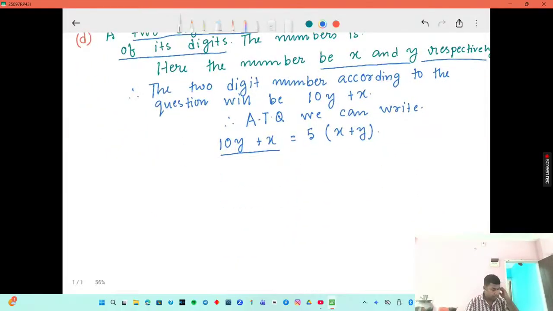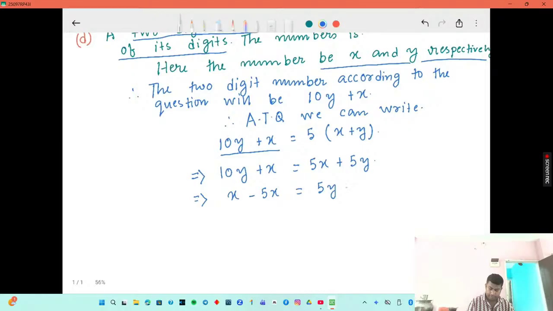So now we will solve this equation in order to find the value of y and x. 10y plus x is equal to 5x plus 5y. Now x minus 5x is equal to 5y minus 10y.